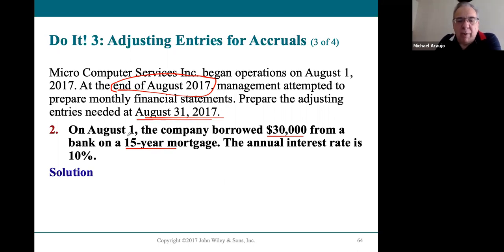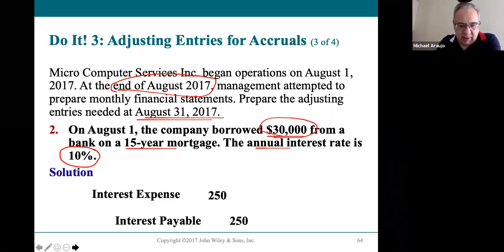So 1 month of this loan, $30,000 times 10%, which is an annual rate, times 1/12, 1 month of the 12 months, will give you the interest that you need to know, which in this case is $250.